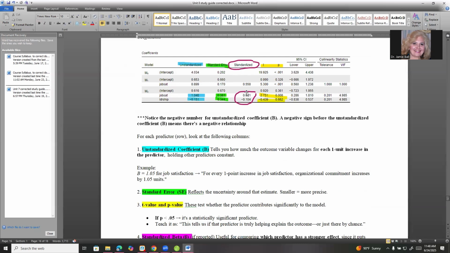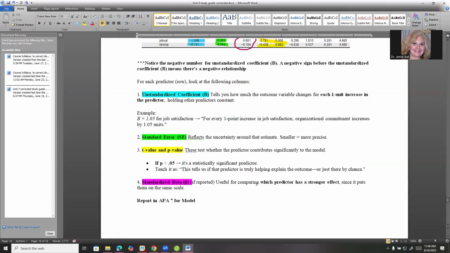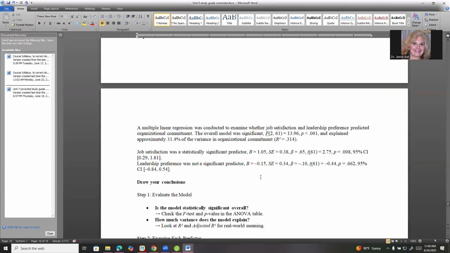The standardized beta puts everything on the same scale, so we're comparing apples to apples, right? Job satisfaction is 0.651 and leadership is minus 0.014. Again, a negative relationship. So job satisfaction has the bigger number and the stronger effect. In this case, the negative sign doesn't really matter. We're looking for the larger number.